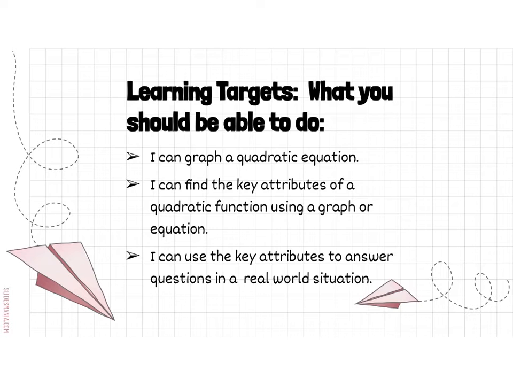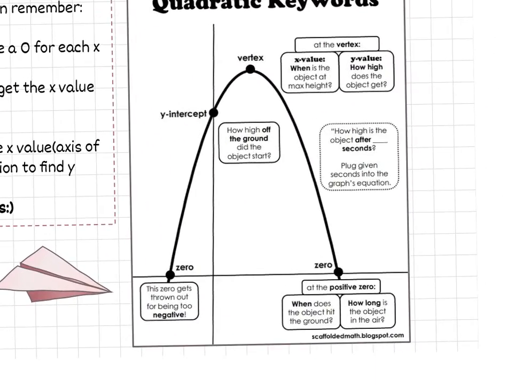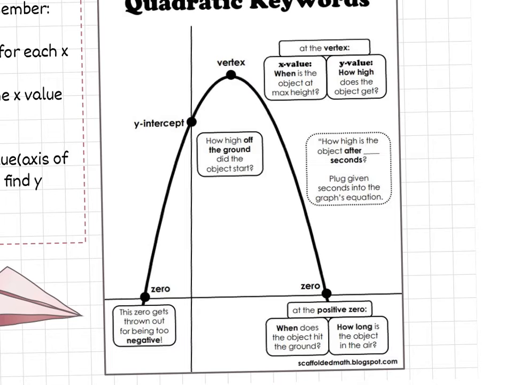Okay, so I found this graphic last summer or the year before, and it gives you the key attributes like we talked about before. If you look, it tells you right here what they are. So the x value of the vertex tells you when the object is at its maximum height.